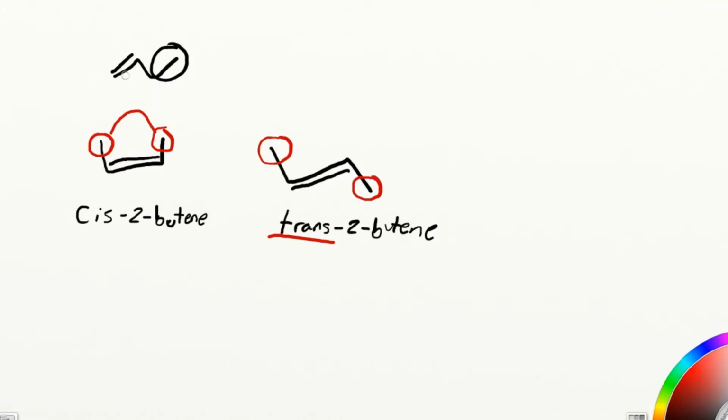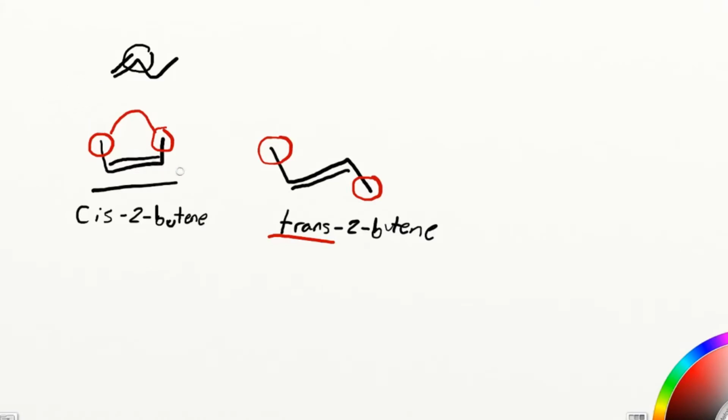And the reason for that is, again, the degree of substitution. There's 1 degree of substitution on the double bond in 1-butene versus the cis-2-butene, which has 2 degrees of substitution. So that automatically favors the cis-2-butene as being more stable than the 1-butene because it has greater degrees of substitution.